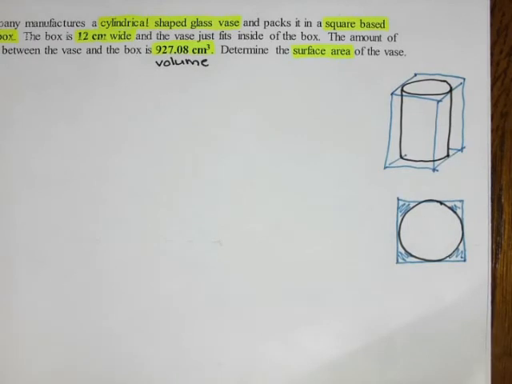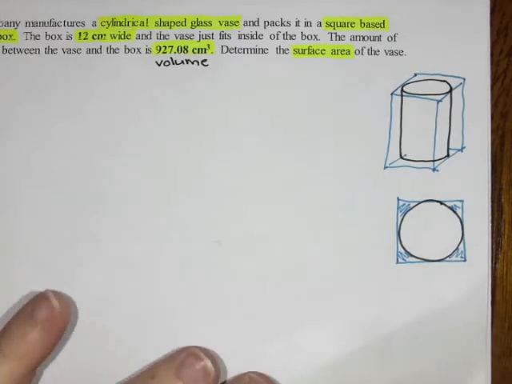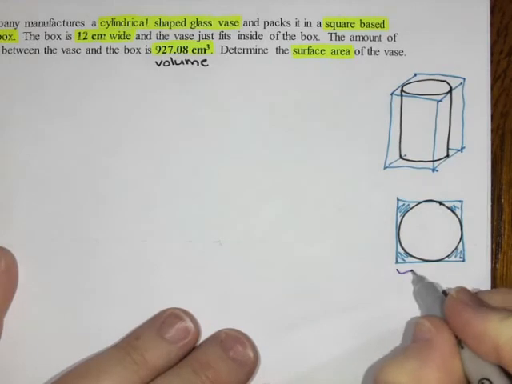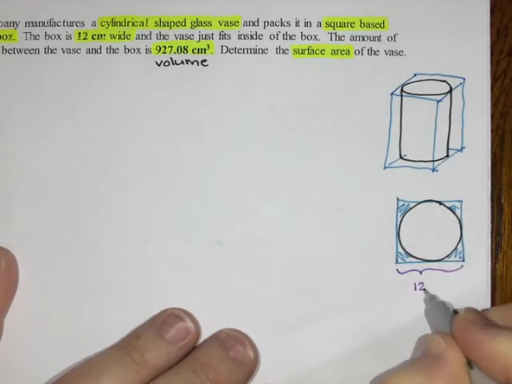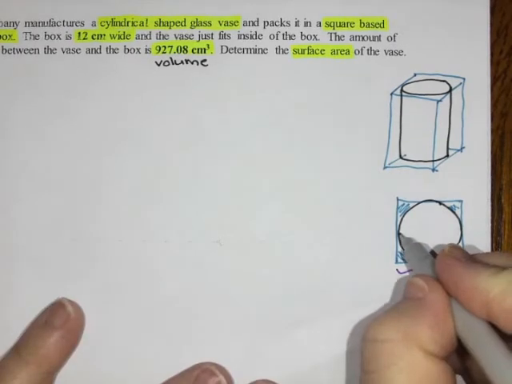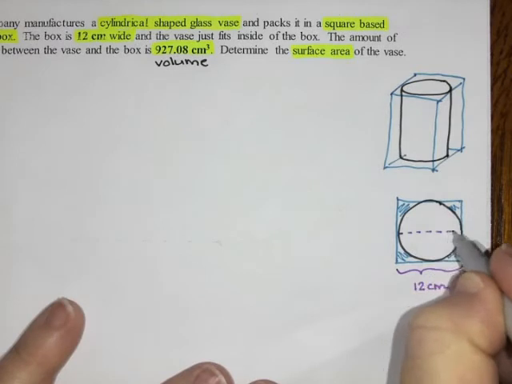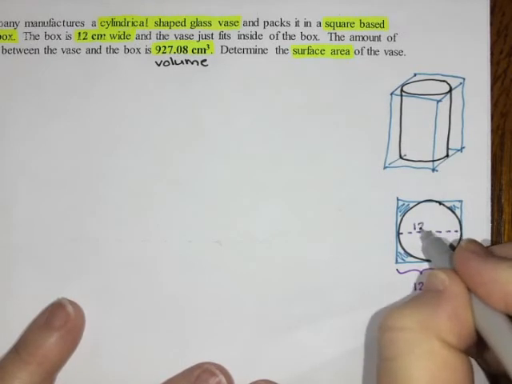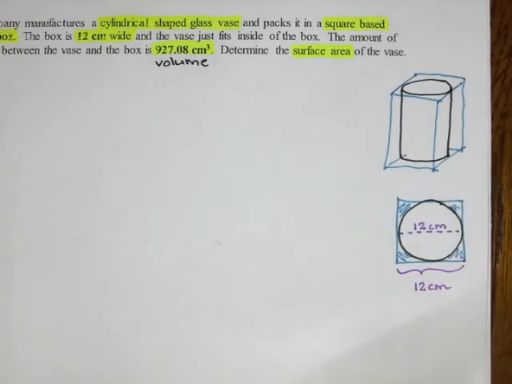Okay, so let's see if I go back and look at the numbers. It says it is a 12 centimeter wide box. So this box here is 12 centimeters wide. And if the vase just fits inside, that means the vase is also probably really close to 12 centimeters wide.